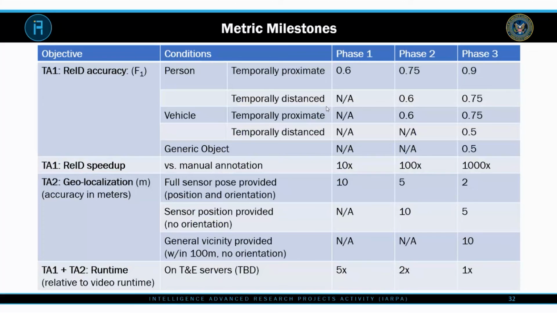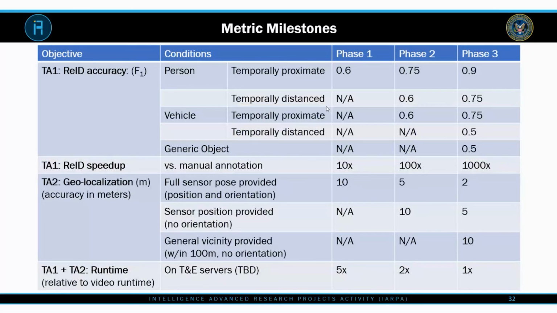There will be milestones throughout the program for all of these metrics. For the TA1 ReID accuracy, they will progress through the phases and through the objectives for people when they're temporally proximate and temporally distanced, and vehicles from temporally proximate to temporally distanced, ultimately for generic object ReID.